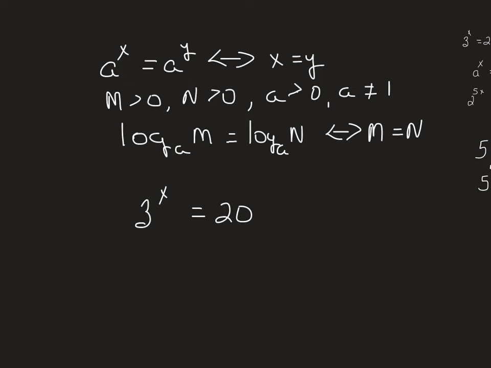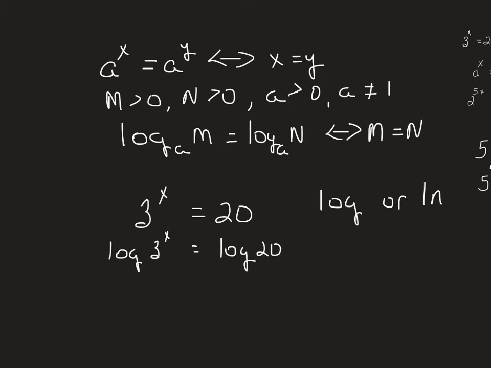So what we want to do to solve this is either take the logarithm, the common log of both sides, or the natural log of both sides. You'll get the same answer whichever way we go. If I do that, I usually just go ahead and do the common log, so I'll have the log of 3 to the x equals the log of 20.